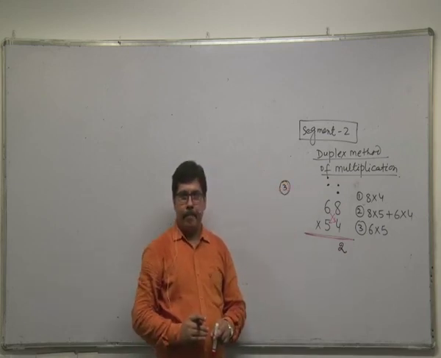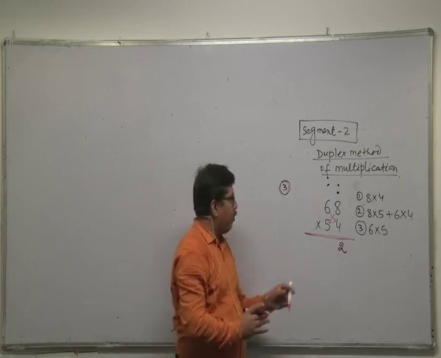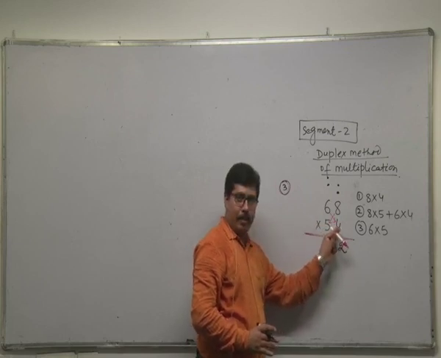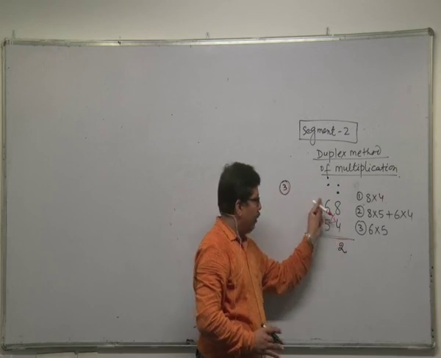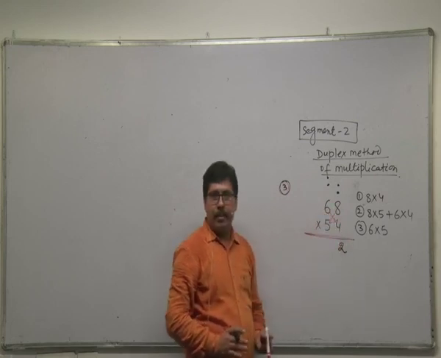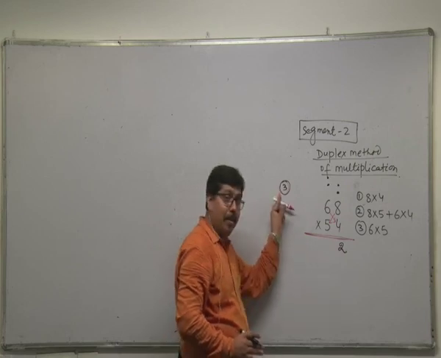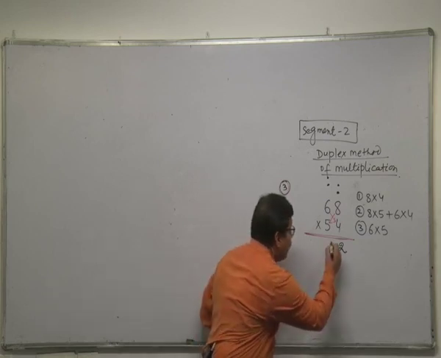Right? Now in the next step, we need to consider 2 digits at a time. 6 into 4 is 24, and 8 into 5 is 40. 24 and 40 is 64. Right? And 3 is the carryover. 64 plus 3 is 67.